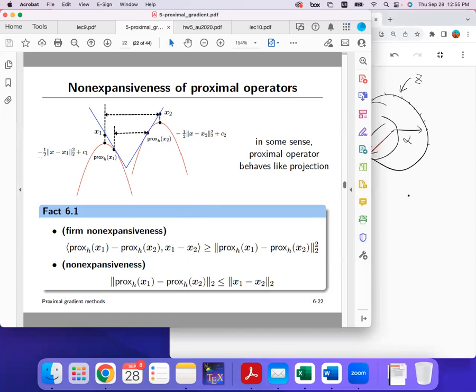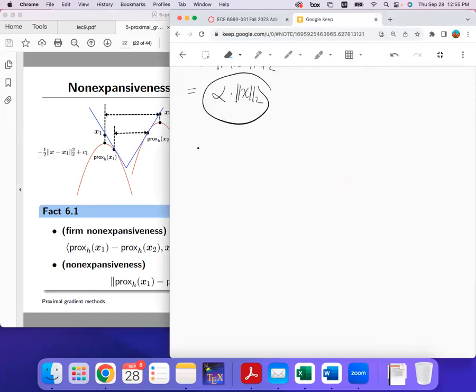So firmly non-expansive can imply non-expansive, but non-expansive cannot imply firm non-expansive.